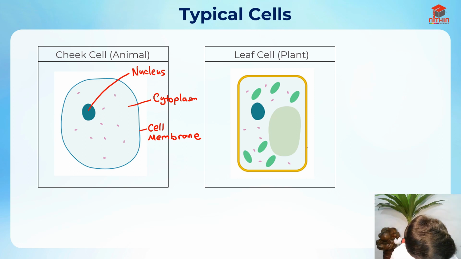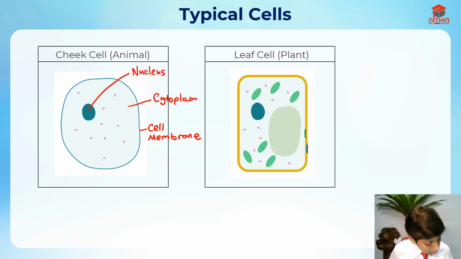In the leaf cell, you can see that there are two layers, and you do not know which is the cell membrane. So let me erase it and draw the new part in blue color. This is called the cell wall, and the cell membrane in green color. The outer layer is the cell wall.